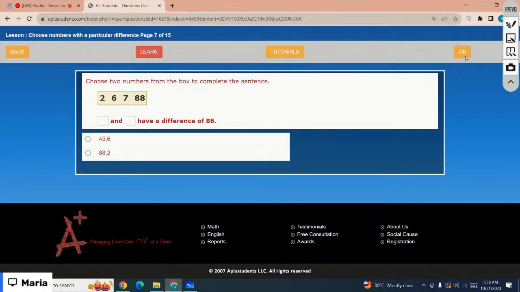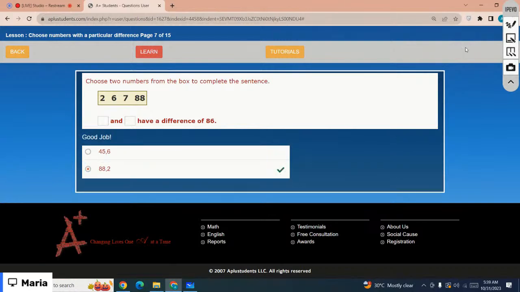The correct option is 88 and 2. Right, option 2 is the correct option. If you subtract 2 from 88, you will get the answer 86, right?